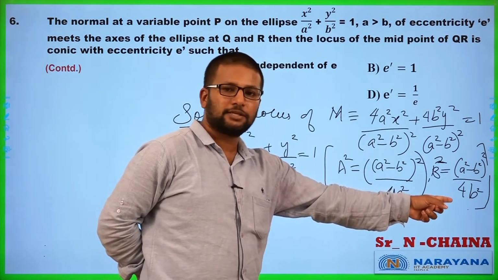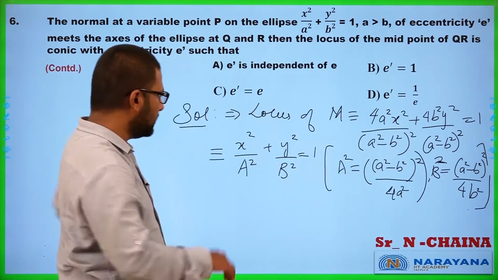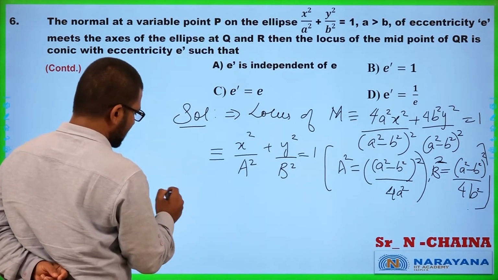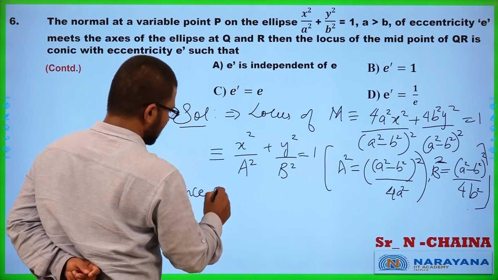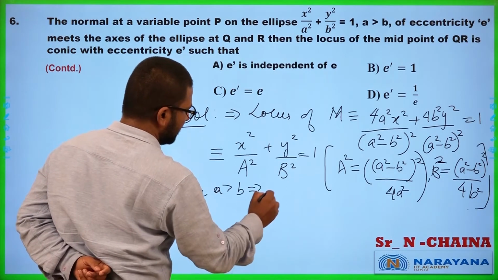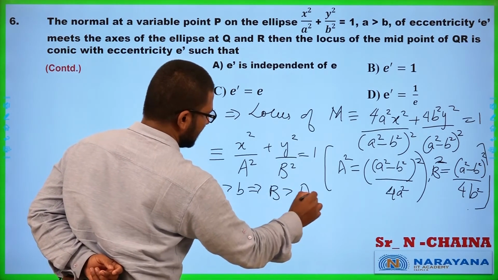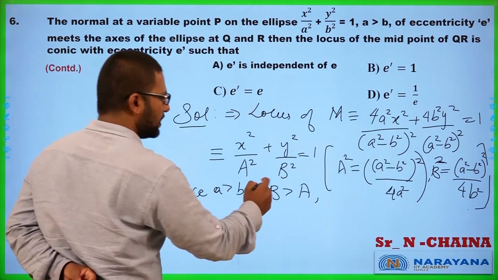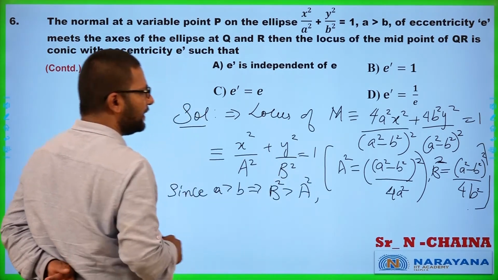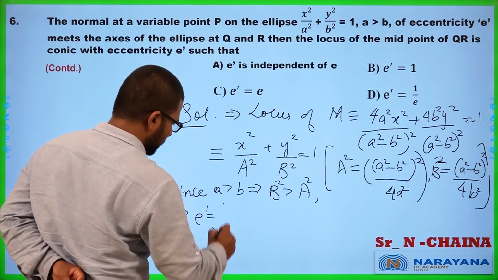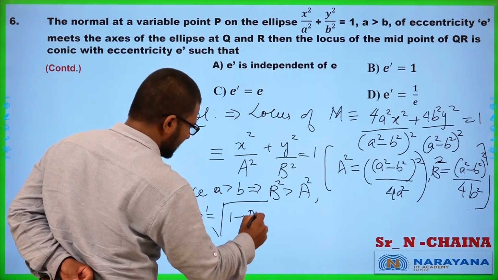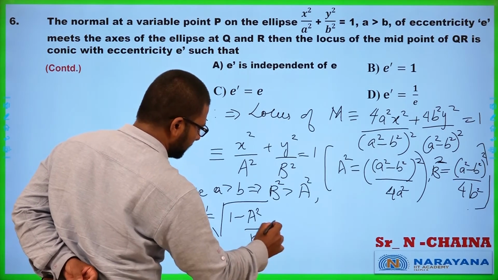This denominator is smaller, therefore, since a is greater than b, we have capital B greater than capital A, or let us just say B square is greater than A square, which means eccentricity E dash would be root of 1 minus capital A square upon capital B square.